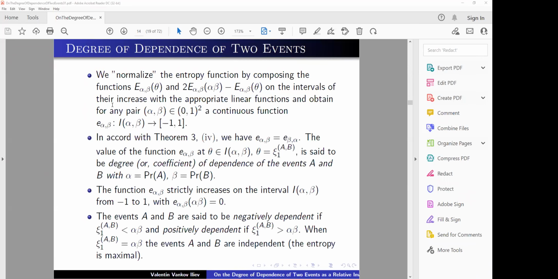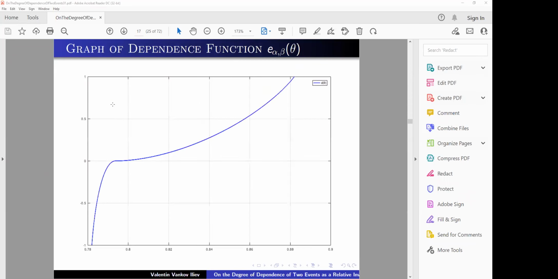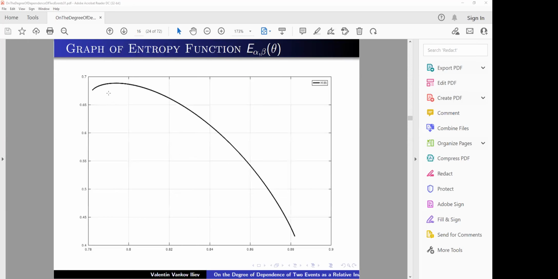Let's see the drawing. I'll go back. This is a particular case of the entropy function, E capital alpha beta. So it increases from the left point till alpha beta. Here is the maximum. And after that, it decreases to R alpha beta.